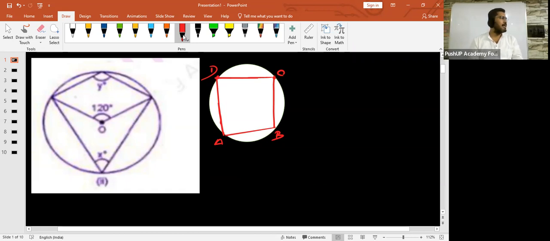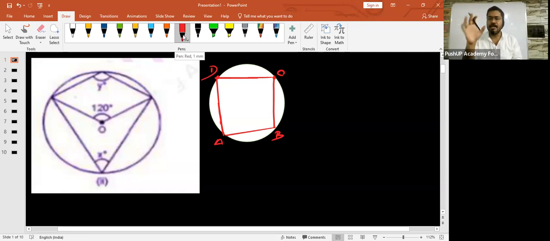I hope now you can recollect what you learned in school. Before teaching you the cyclic quadrilateral property, your teacher must have drawn the cyclic quadrilateral, isn't it? First, she must have drawn a circle, then inside the circle, she must have drawn a quadrilateral ABCD, isn't it? And children, remember, when you're drawing a cyclic quadrilateral, make sure that all the 4 vertices of the quadrilateral are touching the circumference of the circle.